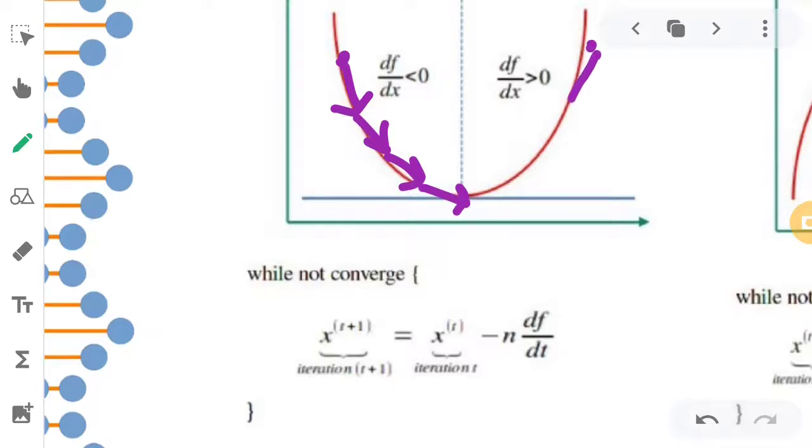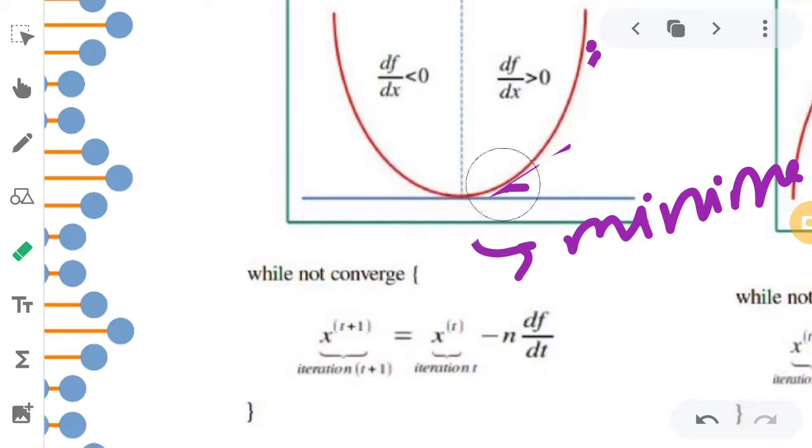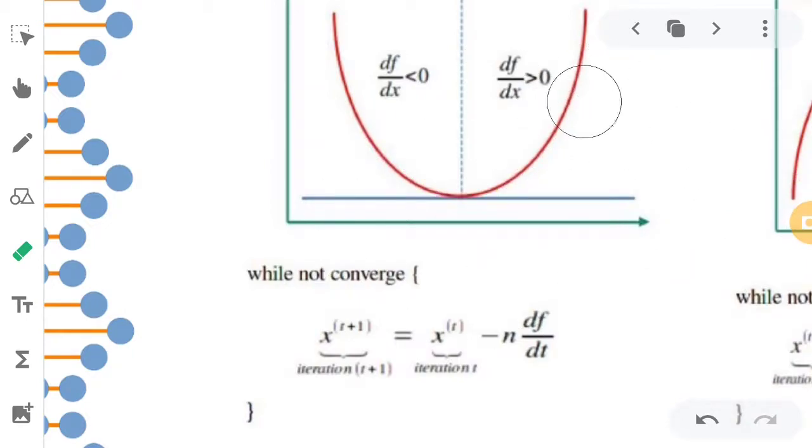From this point here, here, here, here, and this is the minima. Okay. Now how to find this minima?